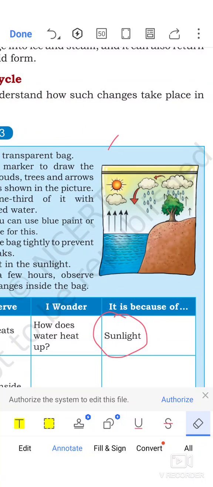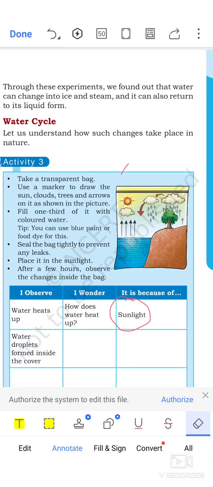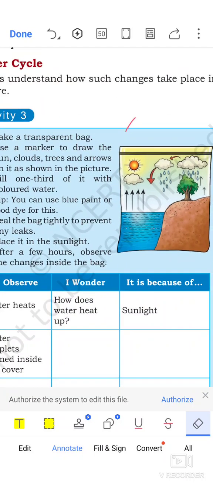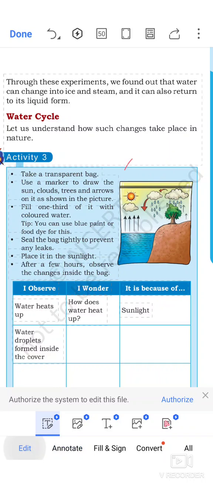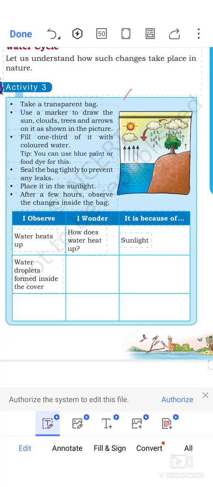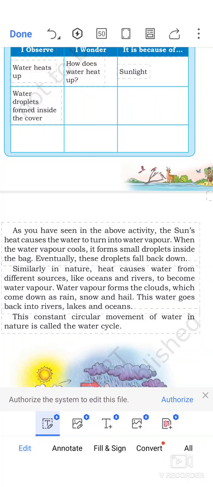So these three steps are there in this water cycle. The observation here is that water droplets form inside the cover.